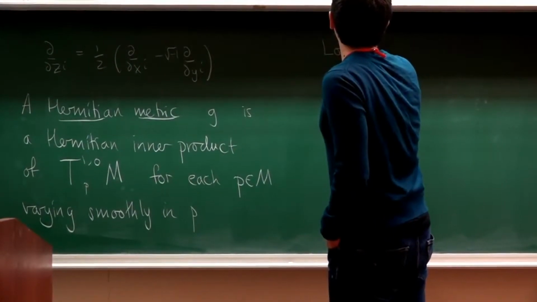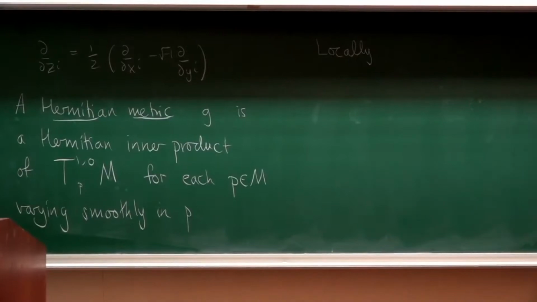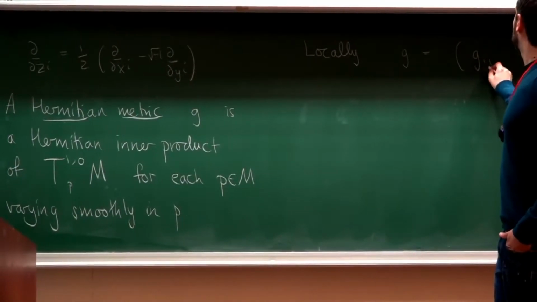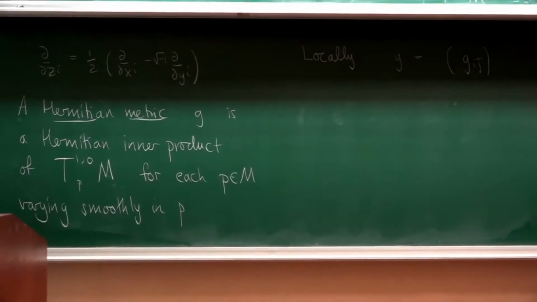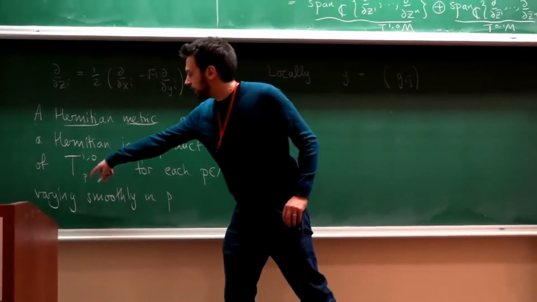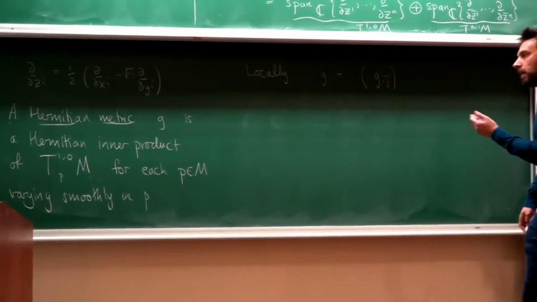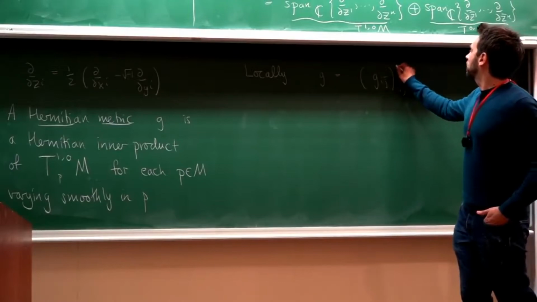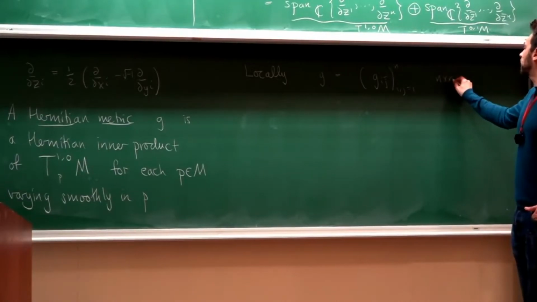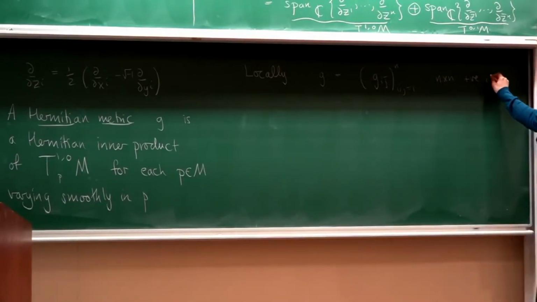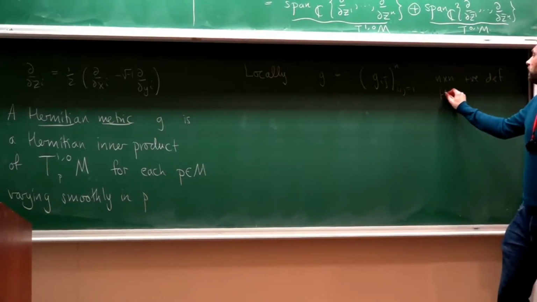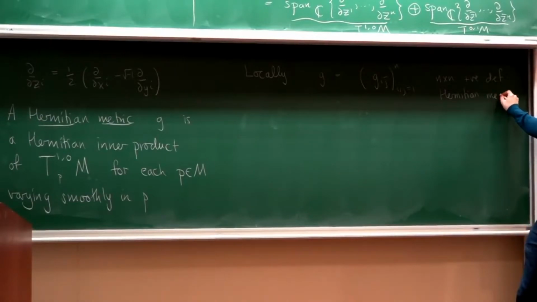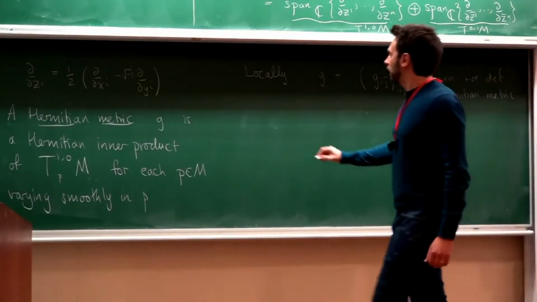Locally, how do we write this? So locally, this is just a copy of Cn, and so a Hermitian inner product will be given by an n by n positive definite Hermitian matrix, which I'll write as G_ij bar.